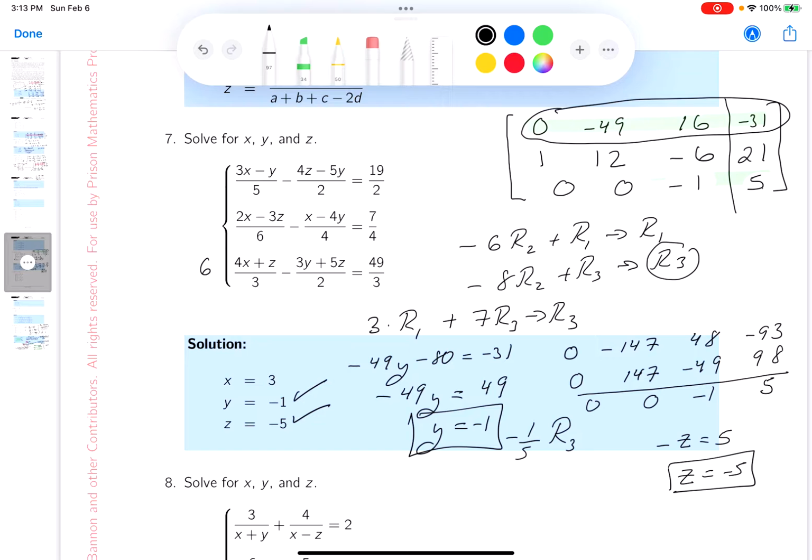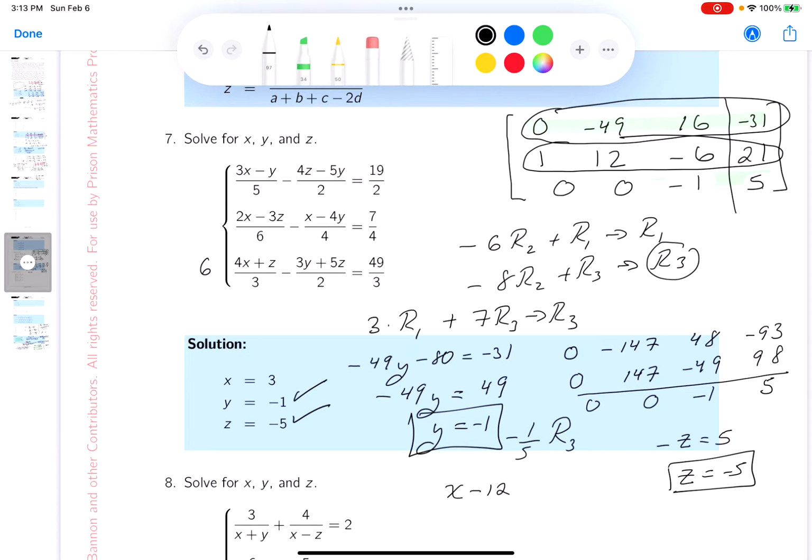I see it. And then I'm going to go to this row over here, and I'm going to check it. And by checking, what am I doing? Not check it, but use it to get x. x plus 12 times minus 1, that's minus 12.